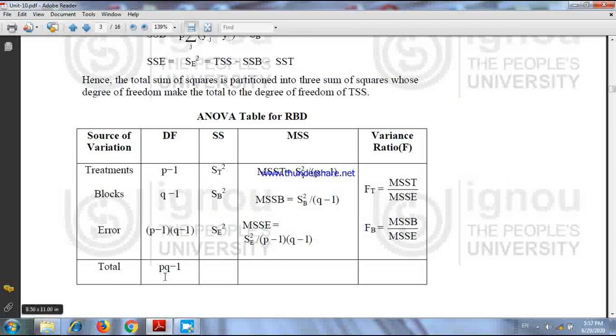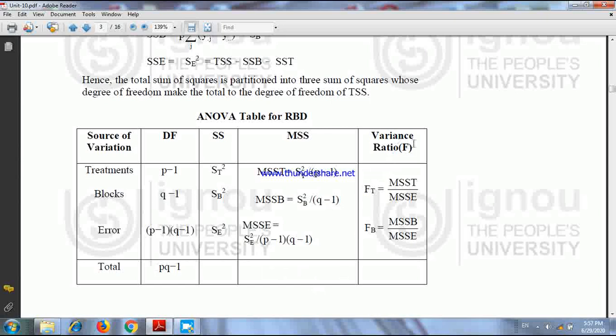PQ experimental units, and the degree of freedom will be definitely PQ minus 1 because of one linear constraint or restriction. And the error degree of freedom can be found by subtracting the sum of these two from PQ minus 1. That means PQ minus 1 minus (Q minus 1 plus P minus 1).